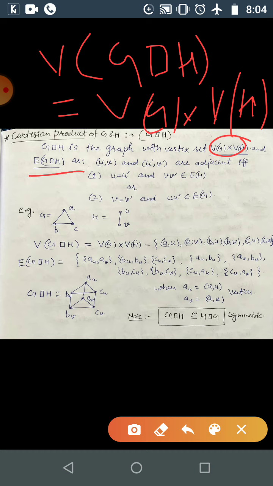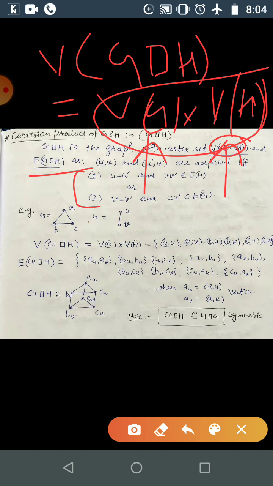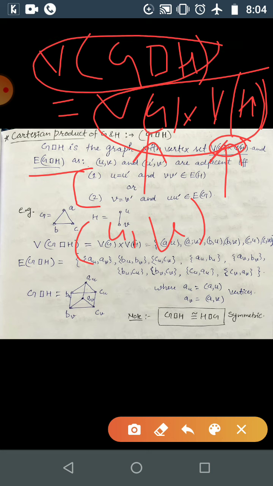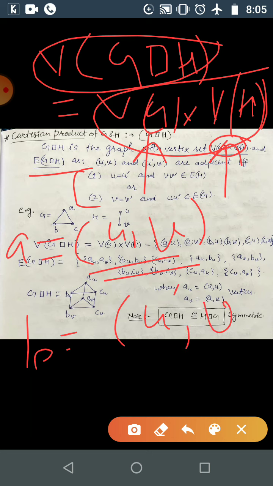One of these conditions should hold. The vertices will look like ordered pairs, like u and v, one vertex from G and one vertex from H. Suppose A is the vertex that looks like (u, v), and B is the vertex that looks like (u dash, v dash).